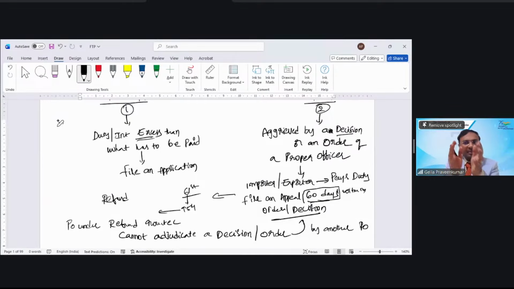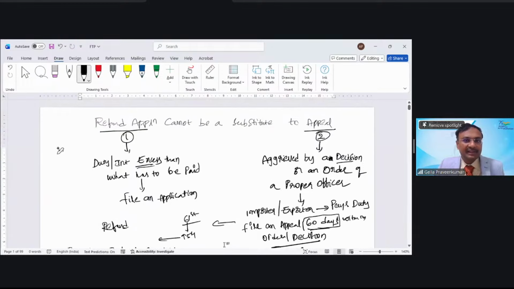The job of the proper officer under appeal is different. In your case, your right window, right mechanism is to file an appeal. Because you have exhausted the statutory time limit, you came into another window called refund. This is where the provision says that a refund application cannot be a substitute to file an appeal.